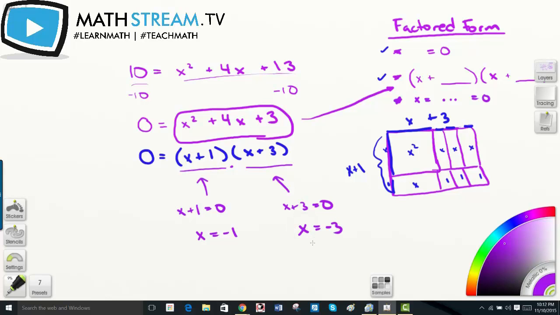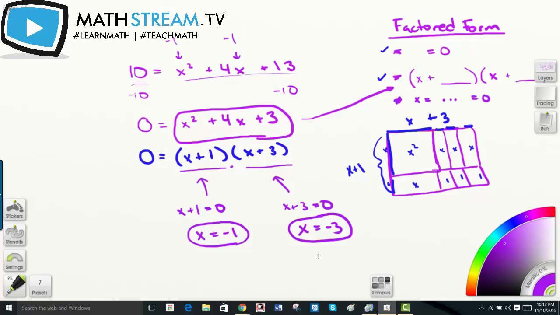And again, if you're not convinced, if you feel like we're going way too far out on a limb here, let's go back and plug it in. If I plug in -1, -1 squared is 1, plus 4 times -1 would be -4. So 1 minus 4 is -3, plus 13 is 10. So if I plug in -1, I get 10.